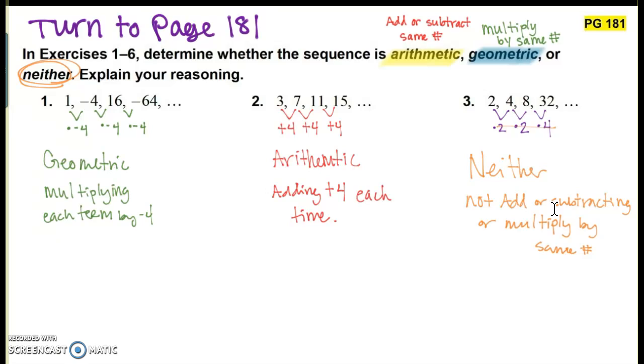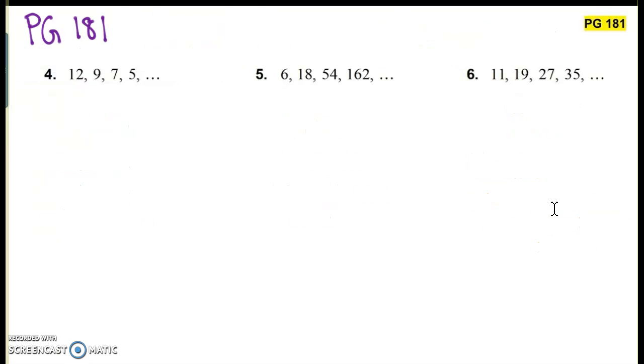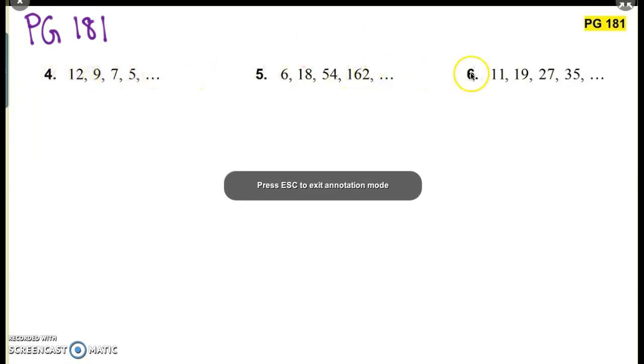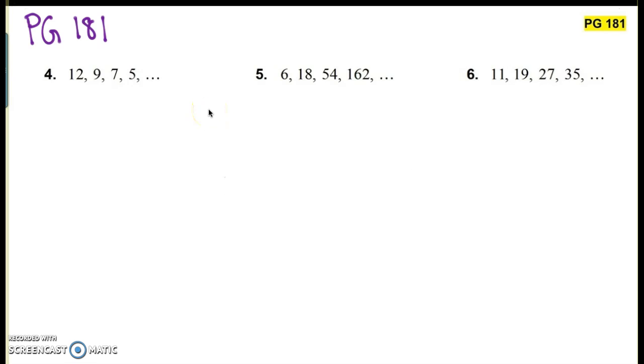So now I want you to look at numbers 4, 5, and 6 right below numbers 1, 2, and 3. And I want you to tell me which one of these sequences is geometric, which one is arithmetic, and which one is neither. And then after you finish that, I can check it.